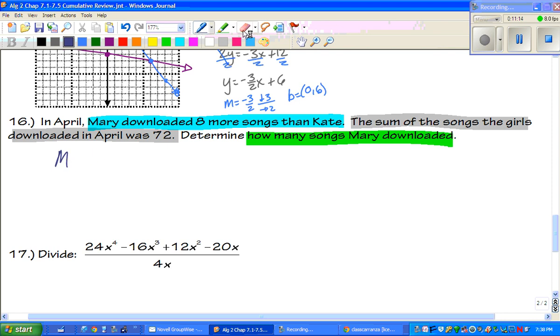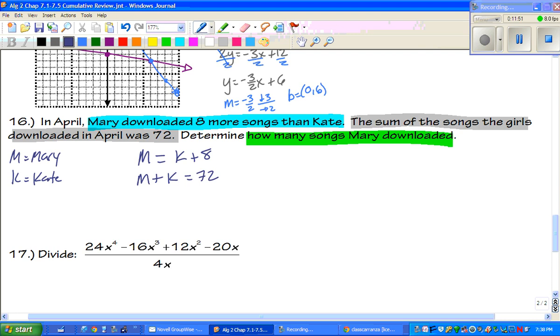Just so we know, off to the side I'm going to write down that M is Mary and K is Kate. So, Mary is 8 more than Kate. And when we do that, "more than" tells us that we have to switch the order of those two. Now, the sum is telling us that we have to add the girls. The two girls are Mary and Kate, and they equal 72.